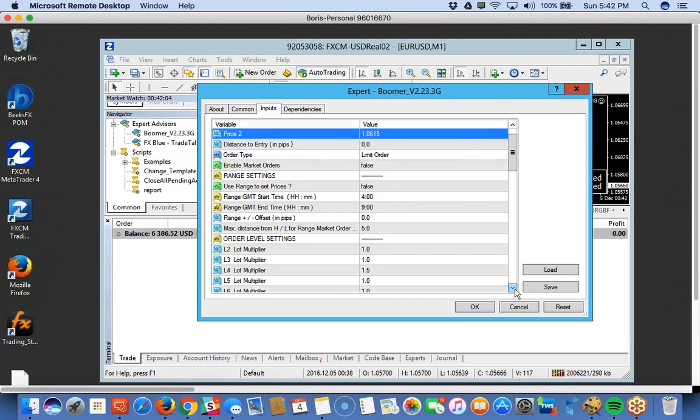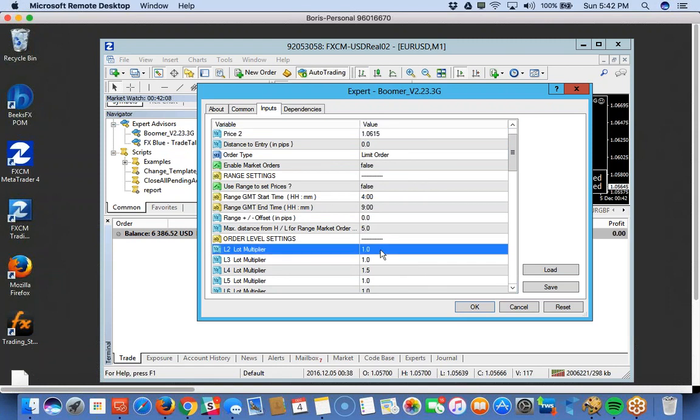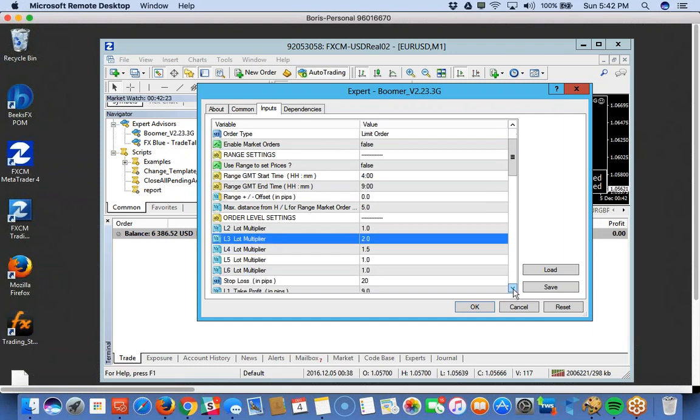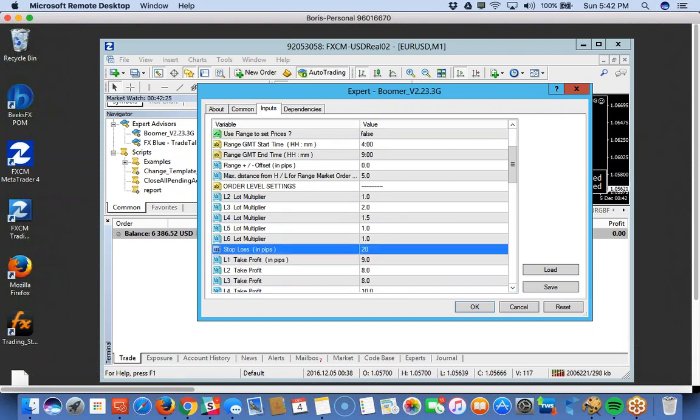Now, remember what I said to you, that we have 1 times the first lot and then 2 times the second entry, right? We have X at 85, X at 75, and then when we go to 65, we go 2 times. So we put our lot multiplier to 2 times. Our stop loss is always from the first point of entry.